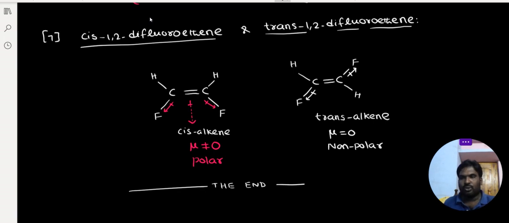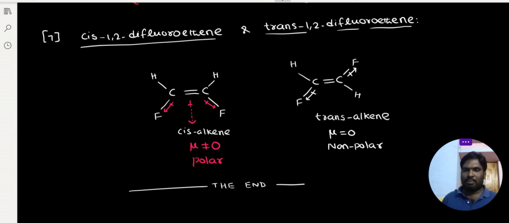So today we have learned dipole moment, CGS units, SI units, and the relation between Debye and Coulomb-meter.